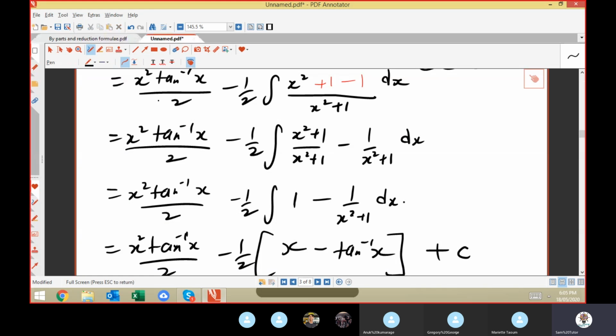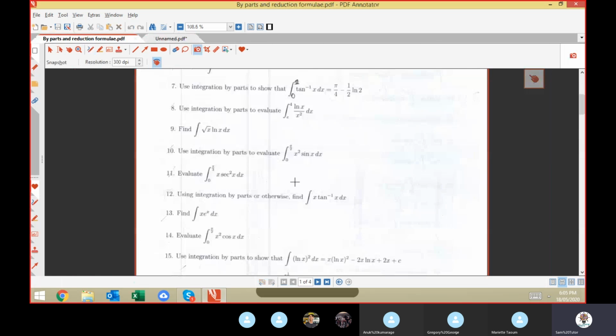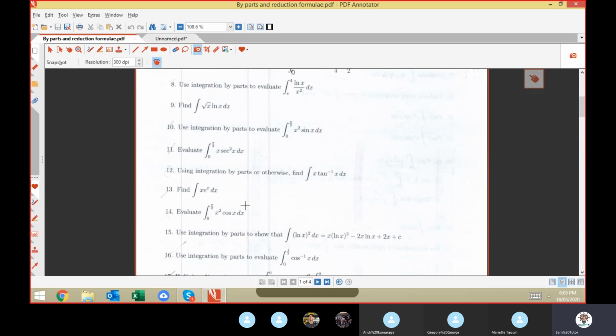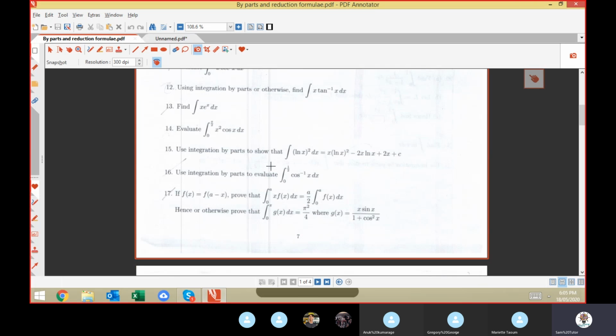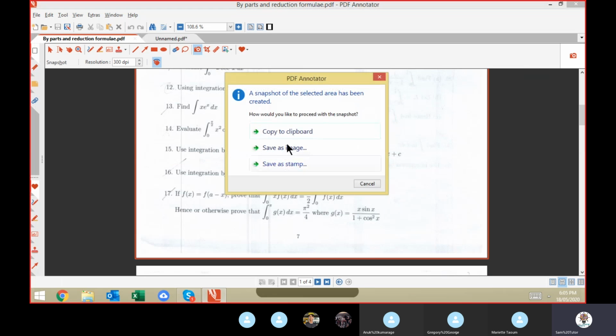Let's try another one. Inverse tan cos x. Use integration by parts to show this. So let's try that one. There's another miscellaneous one.